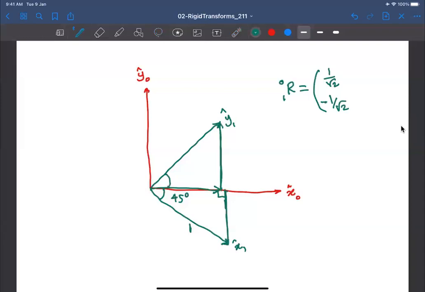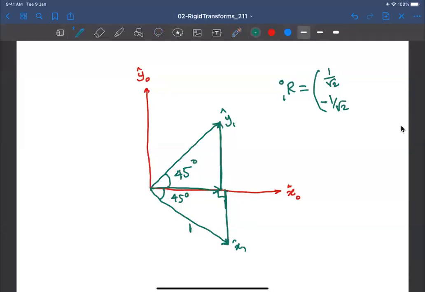This angle is also 45 degrees, because y1 is perpendicular to x1, and we know that this is 45, so this must be 90 minus 45, which is 45, okay?